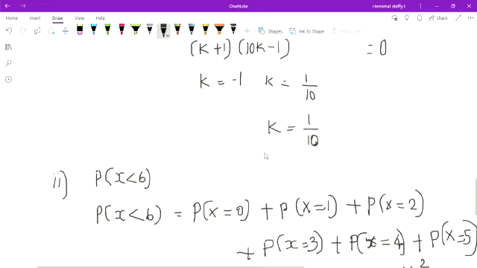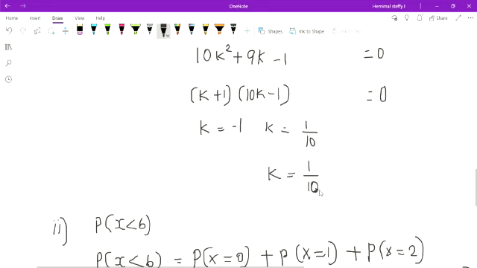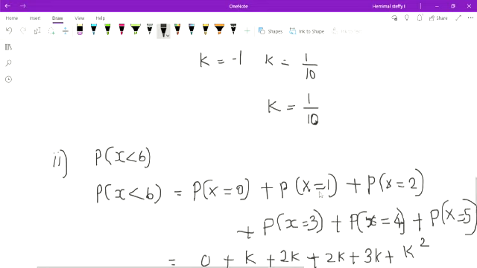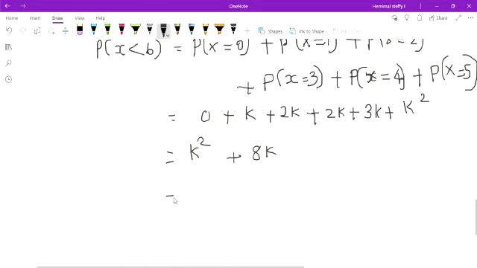Already I found that k is equal to 1 by 10. So I substitute the k value here, 1 by 10, in place of k. K square is equal to 1 by 10 into 1 by 10, which is 1 by 100, plus 8 by 10.